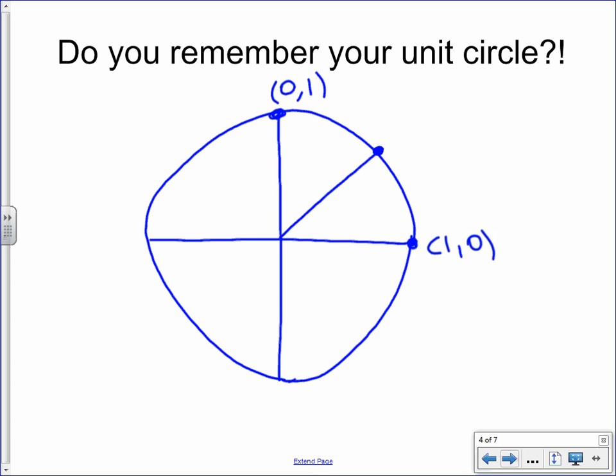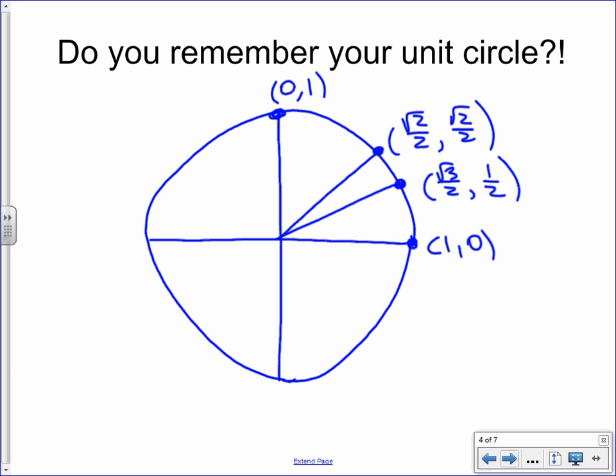At pi over 4, what's our coordinate? Great. And Michaela, what would our tangent be? Our tangent would be 1. At pi over 6, what's our coordinate? Radical 3 over 2, 1/2.